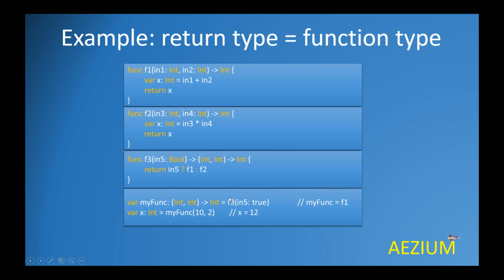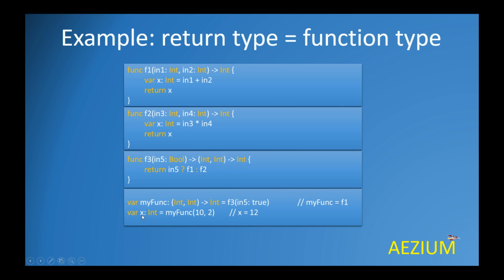So what happens here is, because in5 is set to be equal to true, when we go inside the body of f3, in5 is true. As a result, f1 is returned by f3. So f3 here will return the function f1, which is then assigned to myFunction.